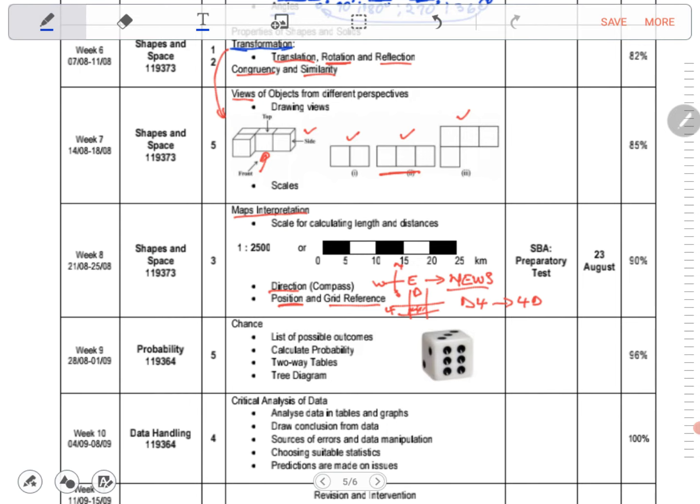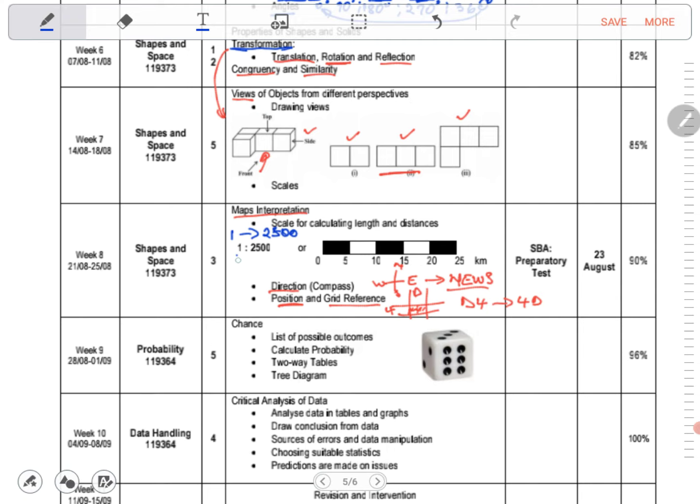All right. In terms of scale, which is the big part of maps, we can have a numerical scale or a ratio scale where we say 1 is to 2500. Which simply means that 1 unit on the map will represent 2500 units on the ground or in reality.